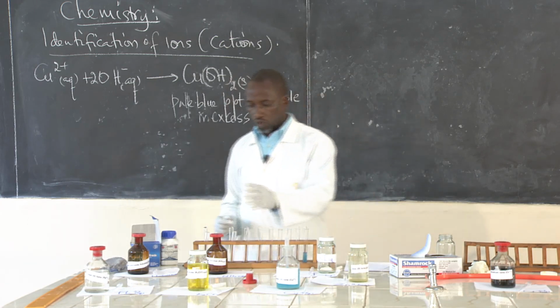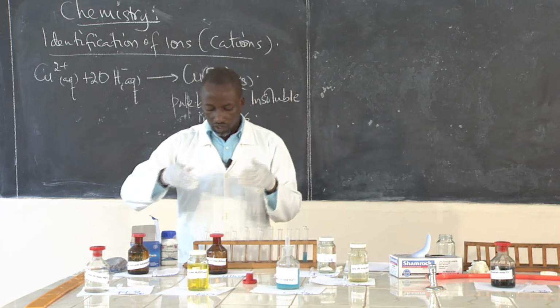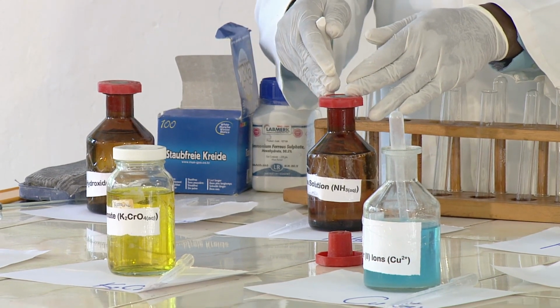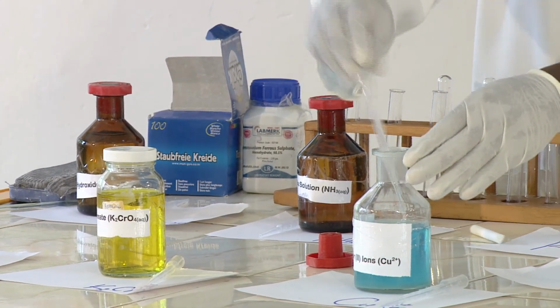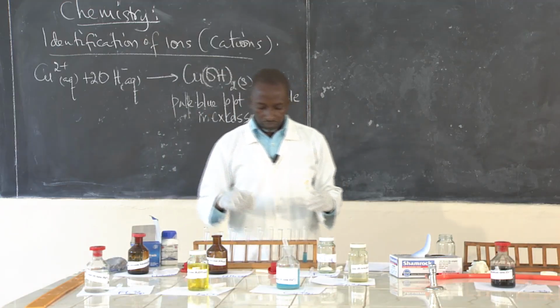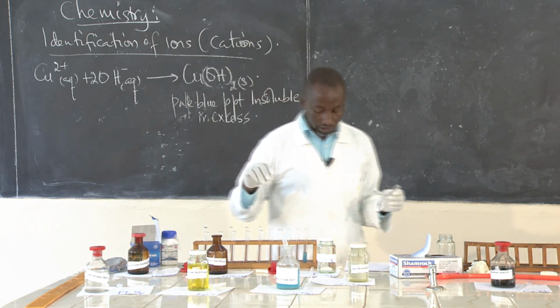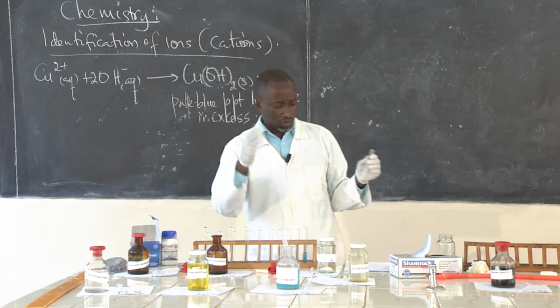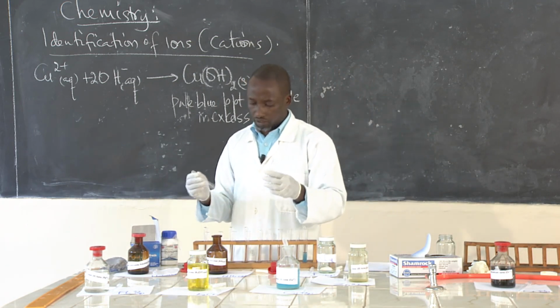So we're just also going to look at the same copper with the ammonia solution this time, and then we see the effect. So we have ammonia here. You are not supposed to inhale that ammonia because ammonia has a choking, unpleasant, irritating smell.